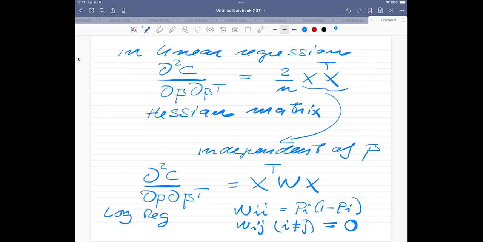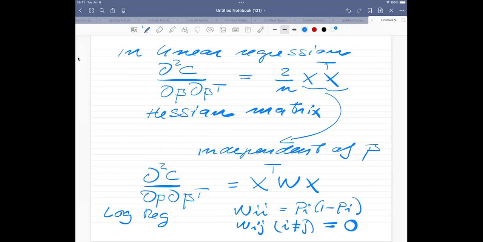So this is a matrix which has only diagonal elements, but you see now that the second derivative depends on the parameter β, the unknown parameter β. And this is what is going to lead to problems for us when we now introduce Newton's method.